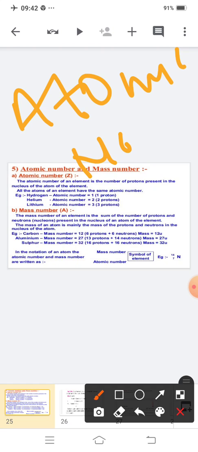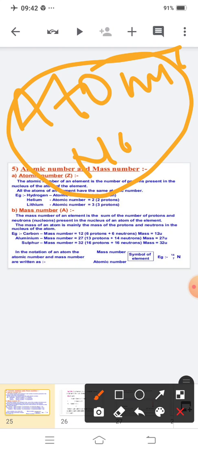We know that protons are present in the nucleus of the atom. So it is the number of protons present in an atom which determines the atomic number. Clear? Basically, atomic number is the number of protons. In simple language, you can say that atomic number is the number of protons present in an atom.